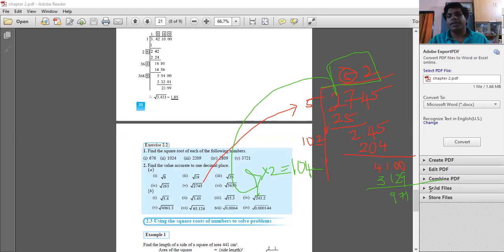That will give you 971. So we don't need to find it after here because the value of this is 1,043 into 3. So the square root is 52.3. Let's check with our answer. 52.3 into 52.3.